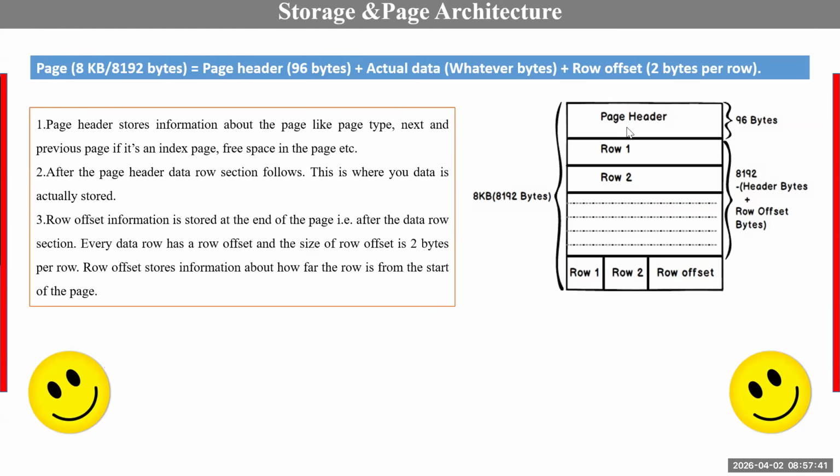What information can I see in the header? The header contains metadata related to this page. You don't need to update anything, sir; SQL Server will update it. It stores information like the object ID, page ID, next page, previous page, how much of the page is filled, how much space is free, and, very important, slots.